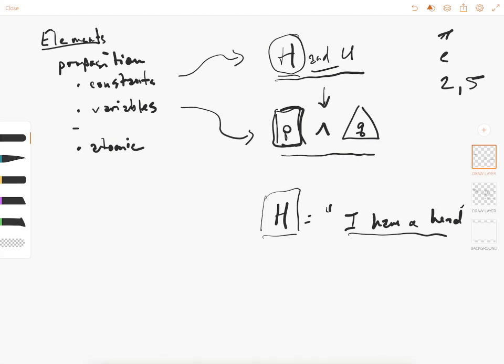On the other hand, let's look at a proposition like H and U, which, as a reminder, stands for I have a headache and I'm hungry. This is also a proposition, but now you can see that it's a proposition that's built, as it were, from other propositions. So here's a proposition and here's a proposition, and these two propositions are joined together by one of our operators.